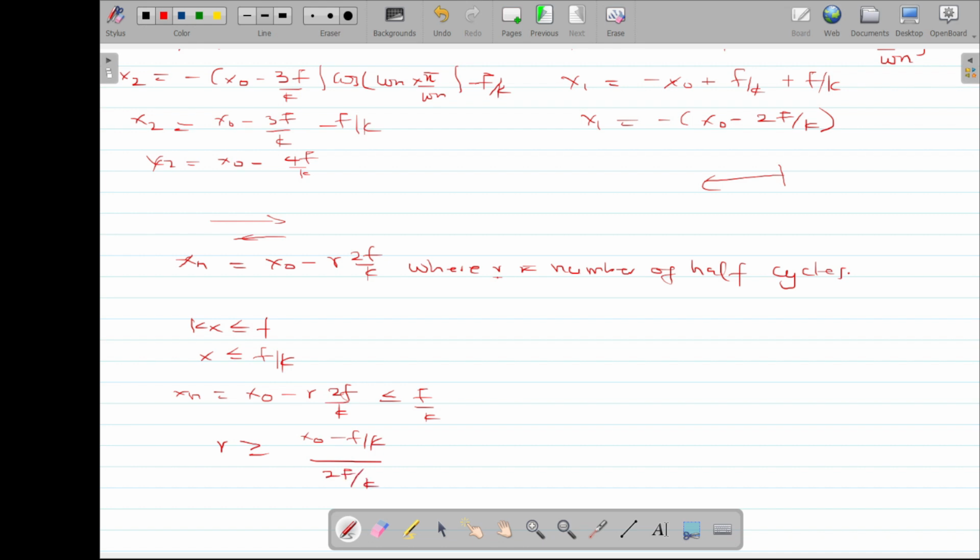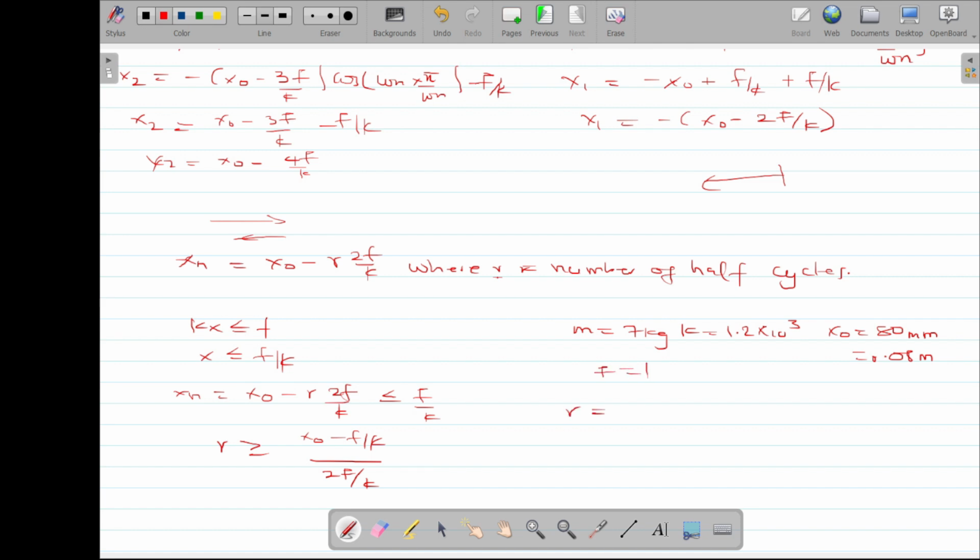In our problem, we were given the mass to be 7, k to be equal to 1.2 times 10 power 3, the initial displacement to be 80 mm, which is 0.08 m. And then we are given f to be equal to 1.